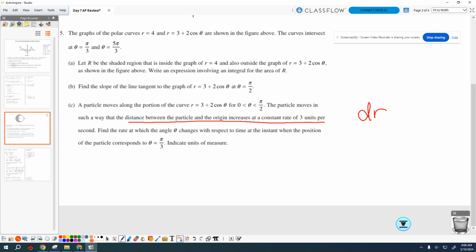How is the radius changing? That's the distance from the origin to the particle over time. It's increasing at a constant rate of 3. What are we looking for? d theta/dt.